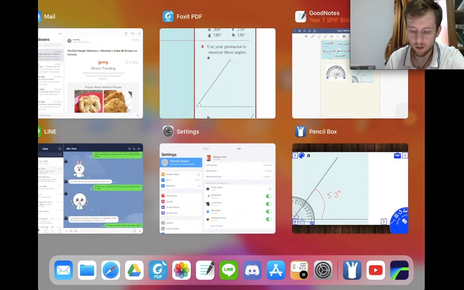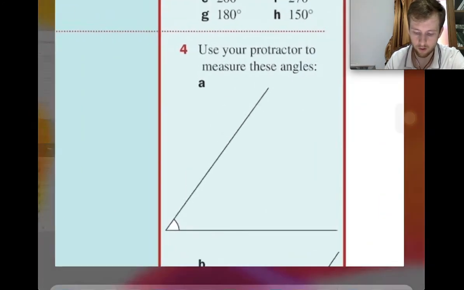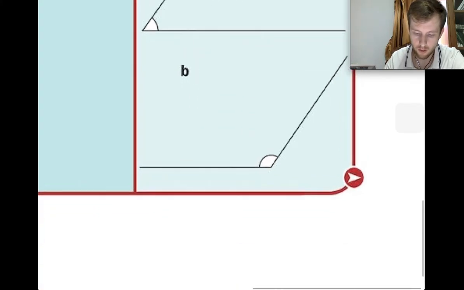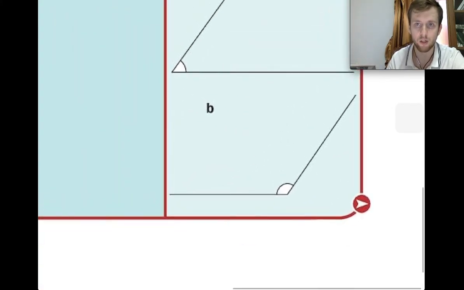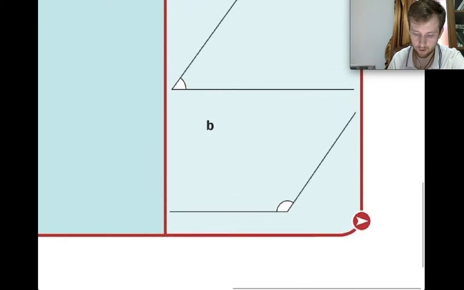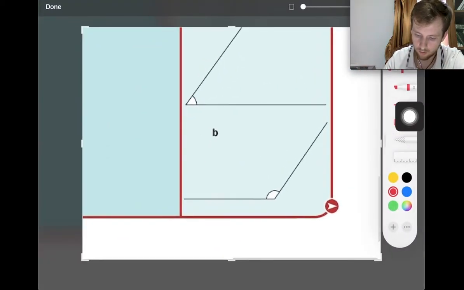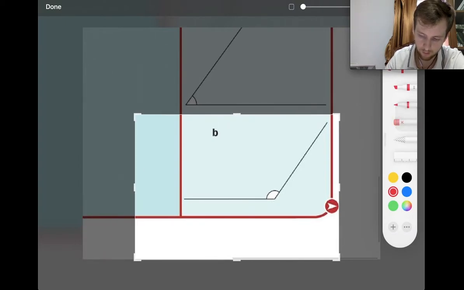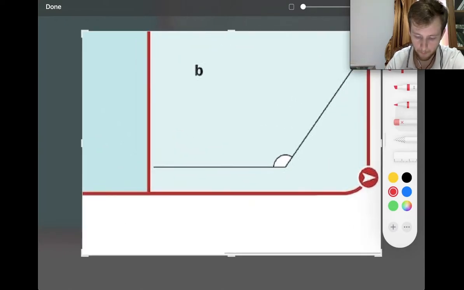And let's try another one. We have B here. Okay, I think I know how I should do the screenshot. I need to leave a little bit of space on the left, like this. Maybe this way it's going to be better.